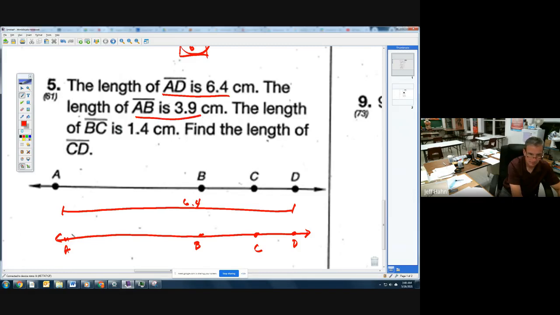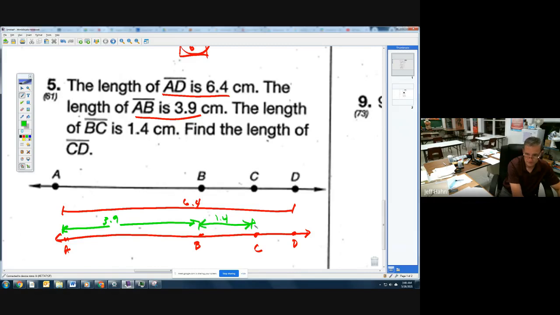AB is 3.9. So from here to here, that distance is 3.9. The length of BC from here to here is 1.4.